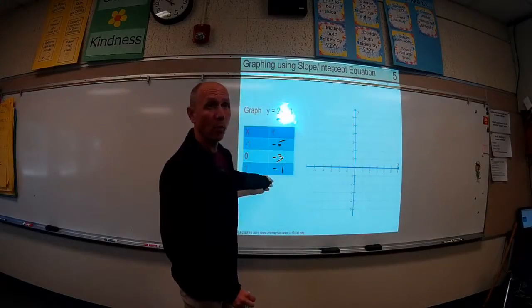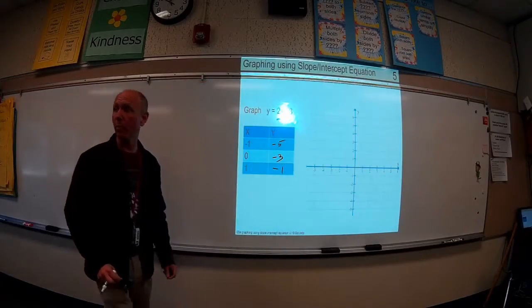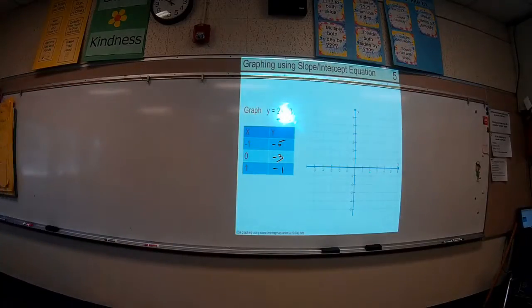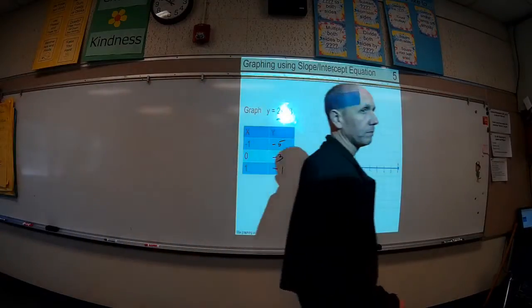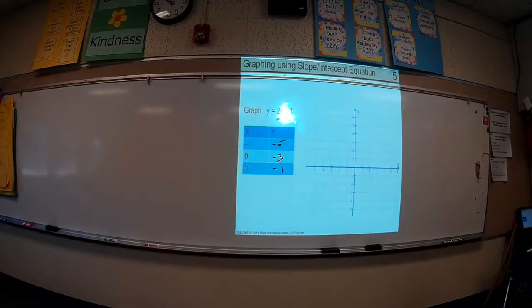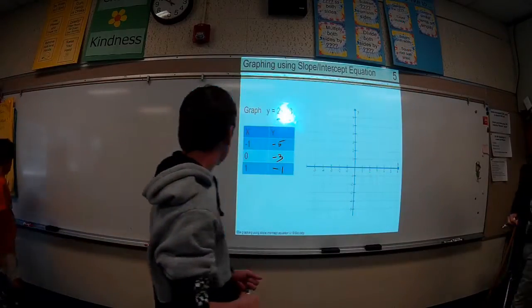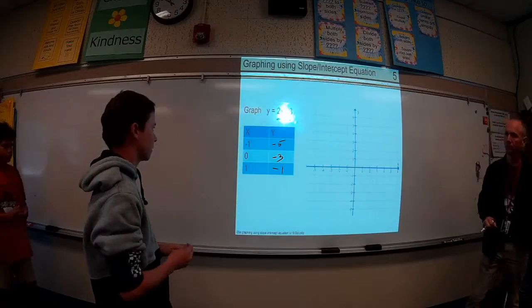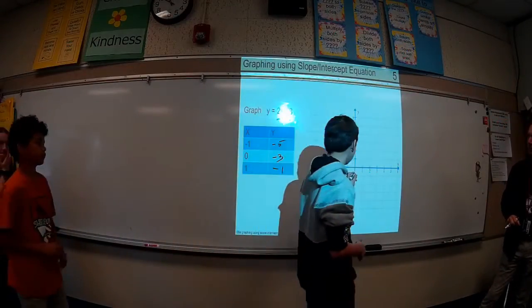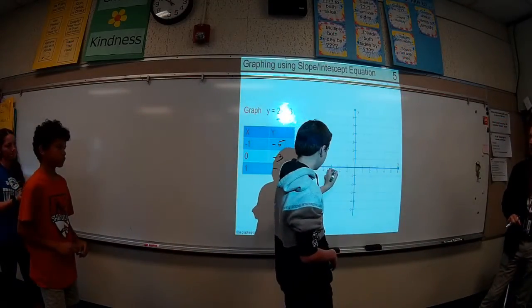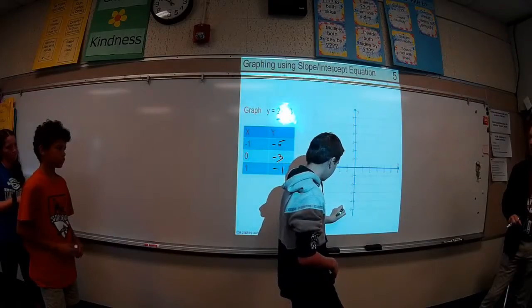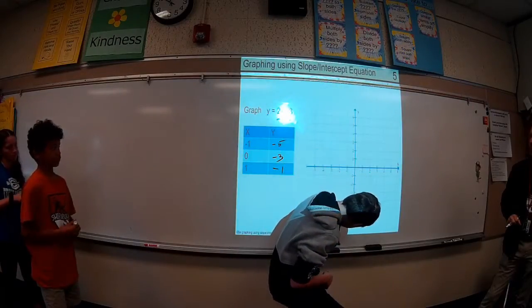We have created 3 points. I need 3 people to plot 3 points. You're a person. You're a person. You're a person. Come on up. You've got -1, -5. Good.